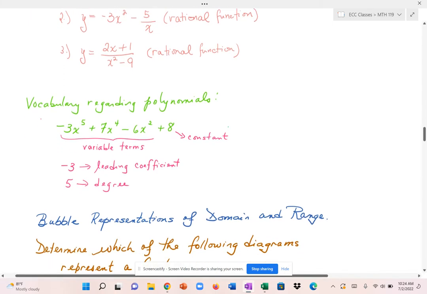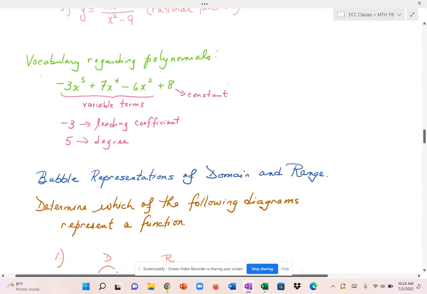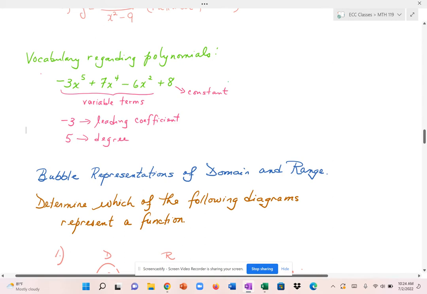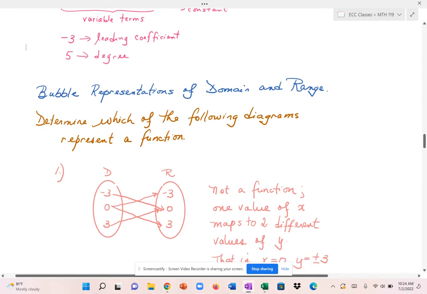Here's a bubble representation of how you could show domain and range. It's a more visual way of explaining it. On the left side, I have the domain, which is inside of this bubble: -3, 0, and 3. On the right side, I have the range, which is -3, 0, and 3. The arrows between them indicate for every value of x what the value of y is.